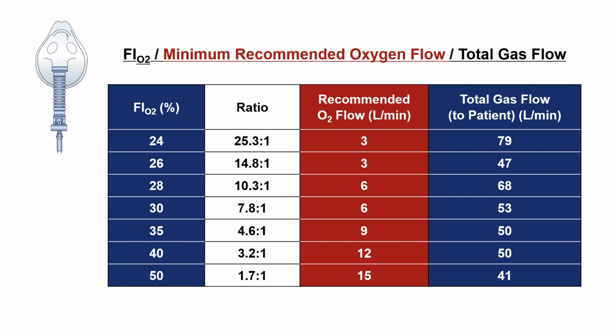For 28 to 30%, 6 liters per minute is needed. For 35, 40 and 50%, 9, 12 and 15 liters per minute of oxygen flow are needed, respectively. At these settings, the total gas flow delivered to the patient ranges from 79 to 41 liters per minute.